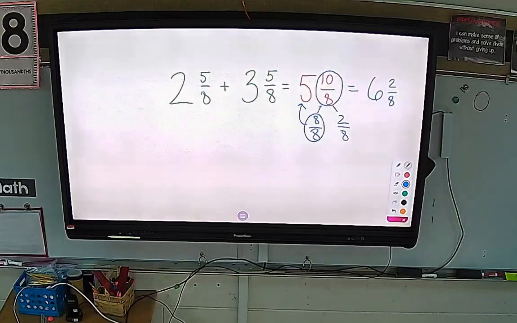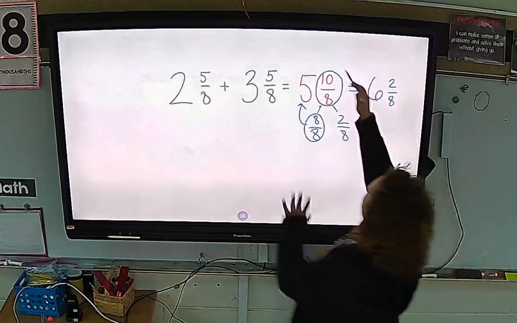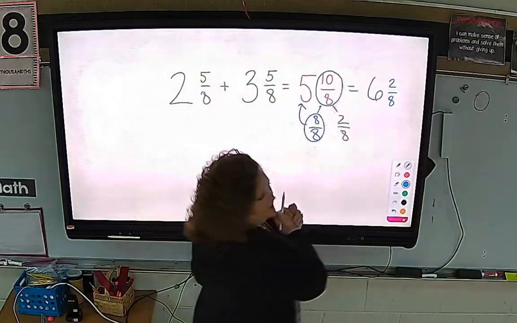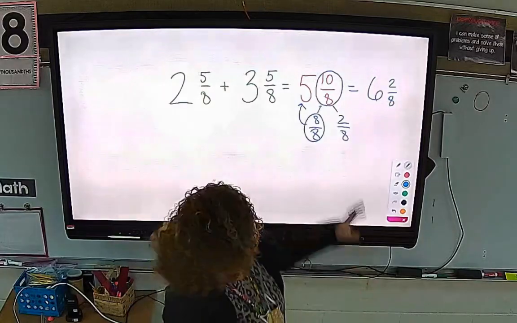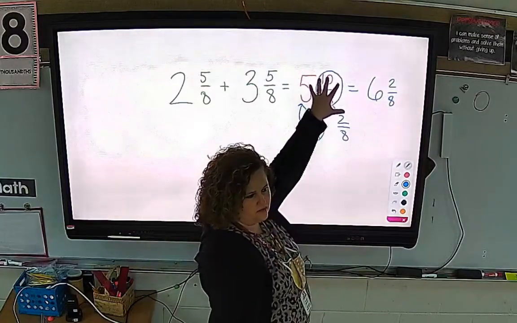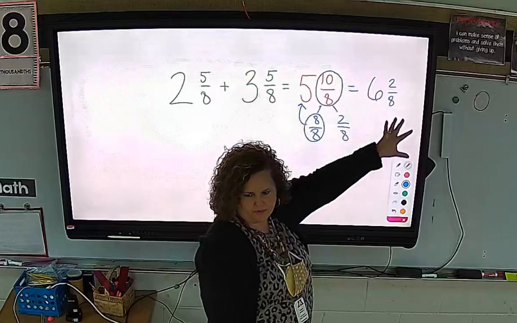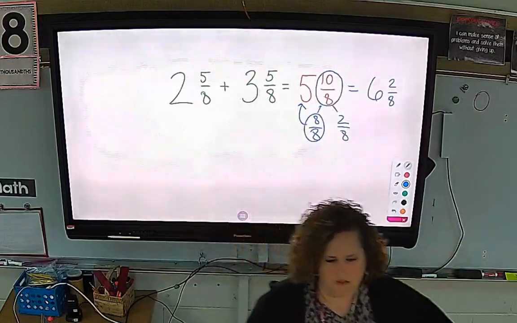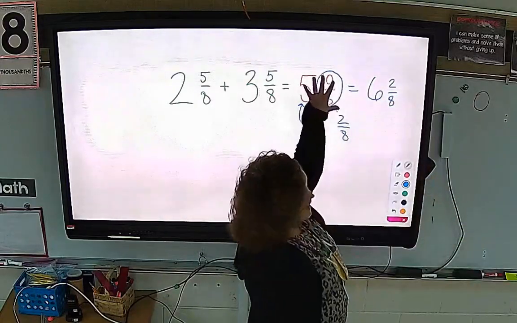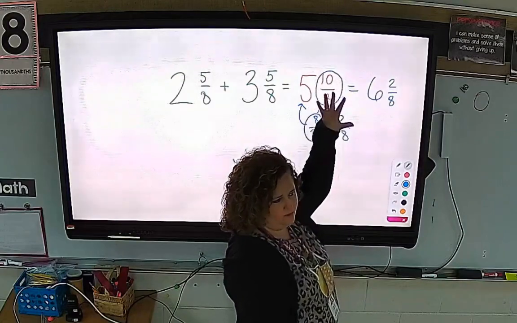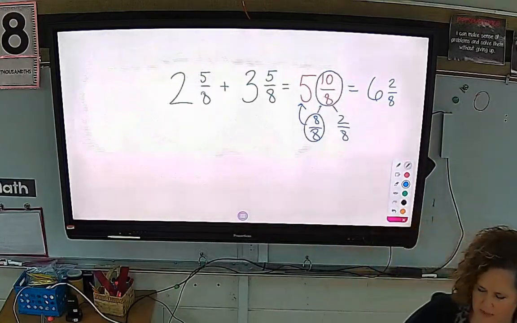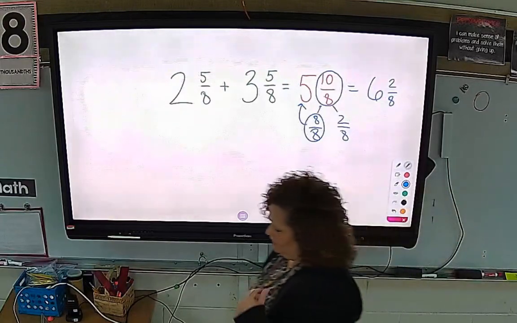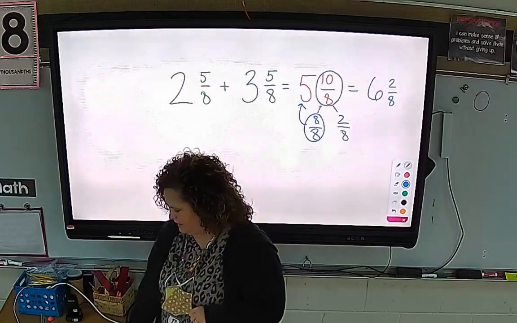This is not hard, but right here is where a lot of people forget to check that, and they leave it as this as your answer when you've got to change it. Okay? Do we have this much when we add it together? Yes, but we can't leave it that way. Okay? All right, so this is what we need to practice, is just how to finish these problems.